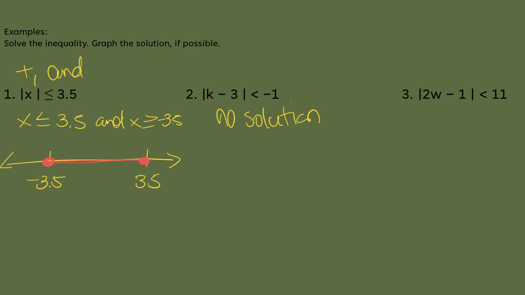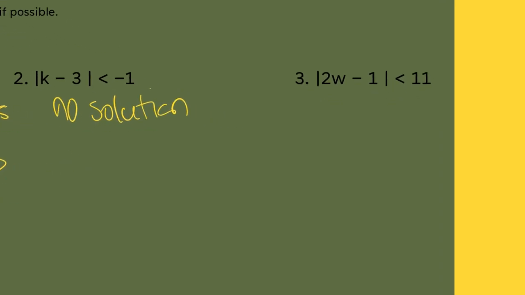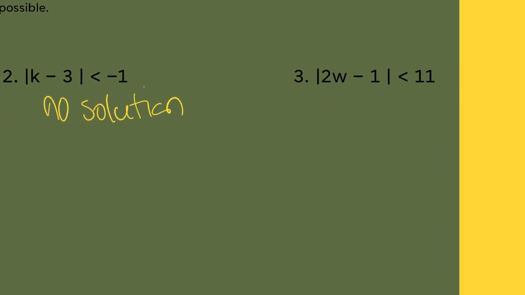We good here? I'm going to expand. All right, so let's determine. I have no numbers outside my absolute value, I have no numbers around it. But is my 11 positive or negative? It's positive, and it's going to be "and" or "or"? And.